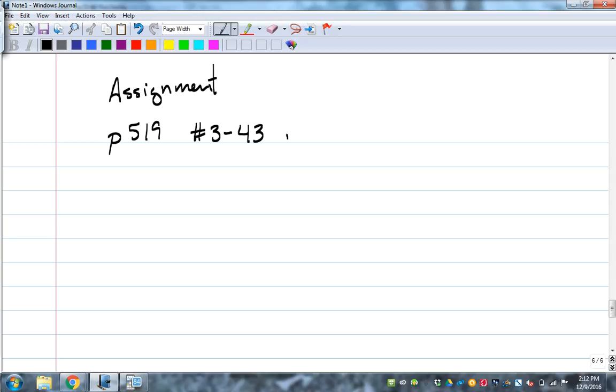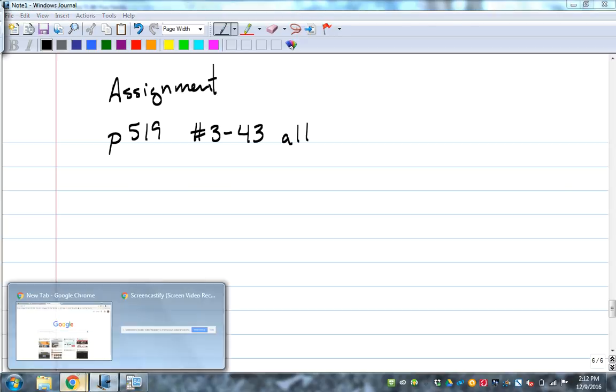Just start on all of those. We've got time on Monday to work on those too. Okay. There we go. Solving equations. Start with number 3. They progressively get more difficult as you go down the page. I mean, that's the way they're supposed to anyway. Okay.